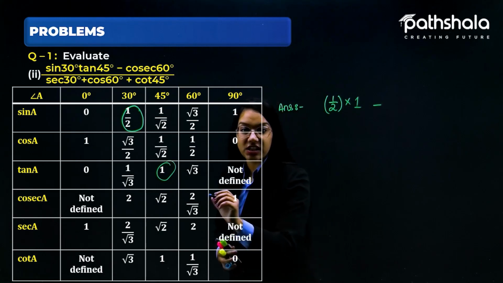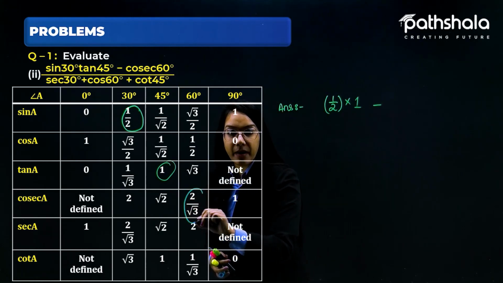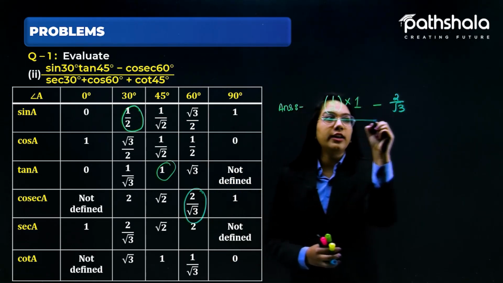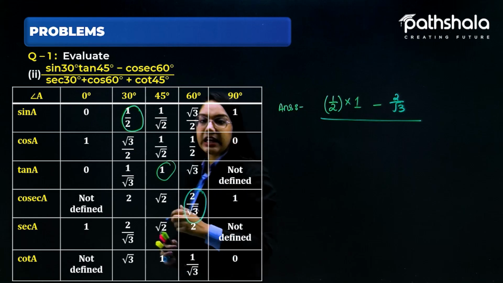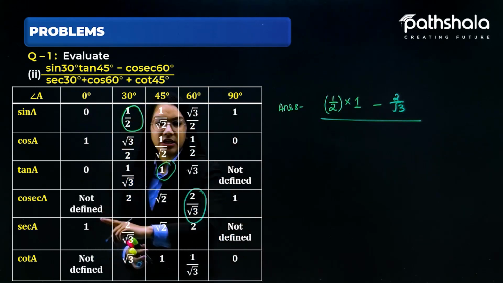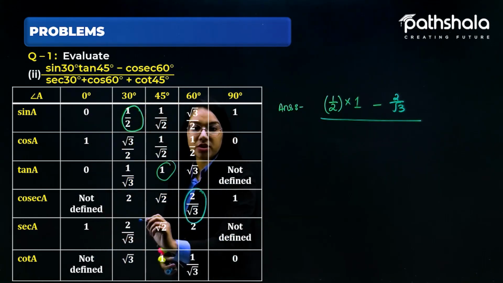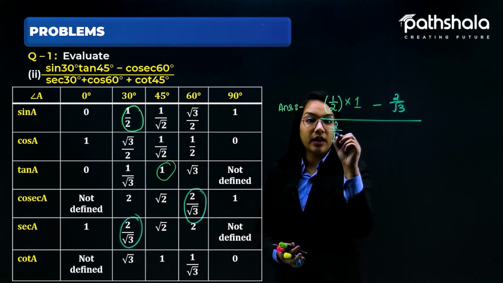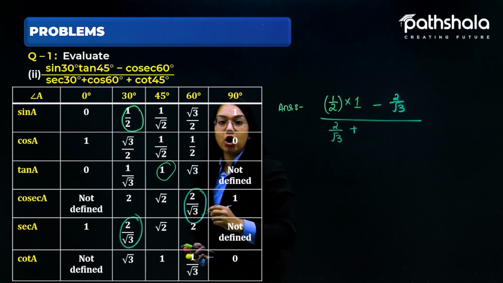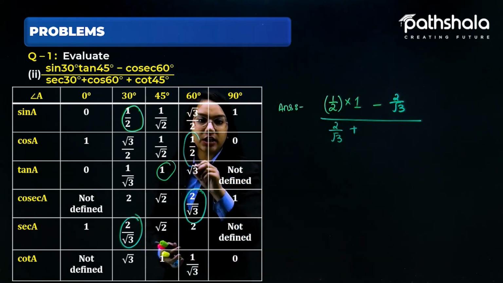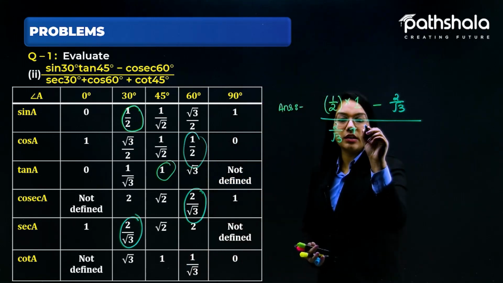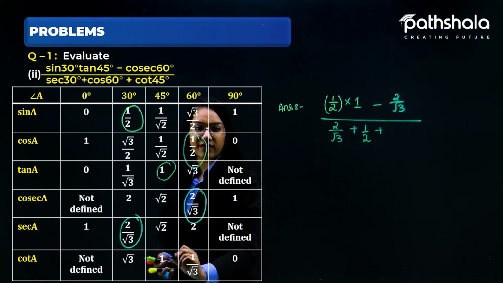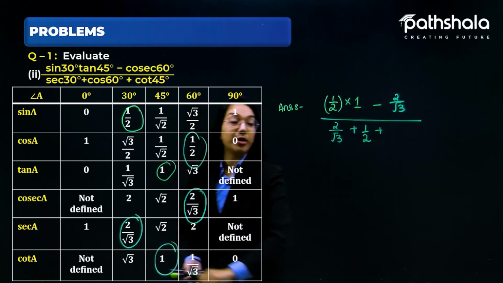As you can see, cosec 60 is nothing but 2 by root 3, whole divided by sec 30, which is also 2 by root 3, plus cos of 60, which is half, plus cot 45, which is nothing but 1.